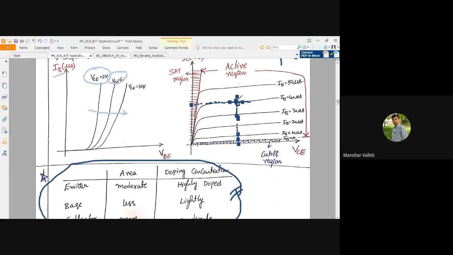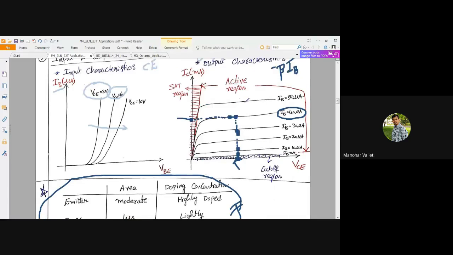Let's say they intersect here. So for the circuit, I found IC here, VCE here, and IB I got 40 microamperes. Wherever these are intersecting in the output characteristics, that point we call the quiescent point or Q point.